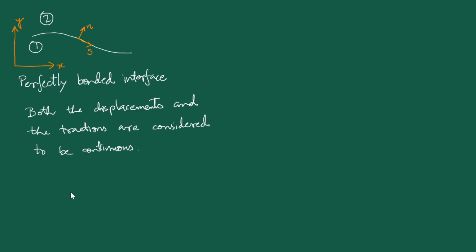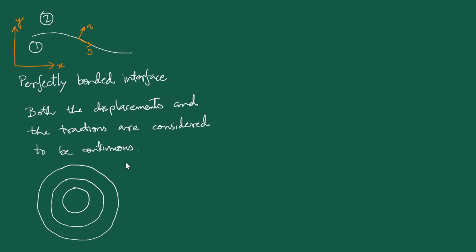So suppose you have an annular composite cylinder kind of situation, where this is the inner annular cylinder, and this is another material, or another outer cylinder, here. Let's say this is made of material 2 and this is made of material 1.